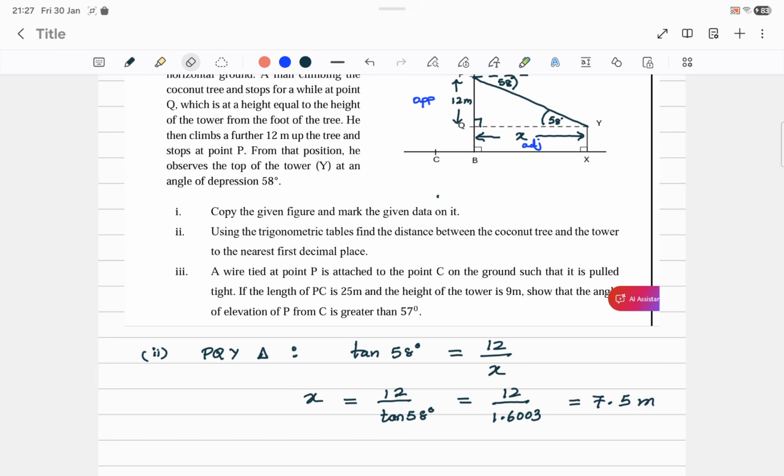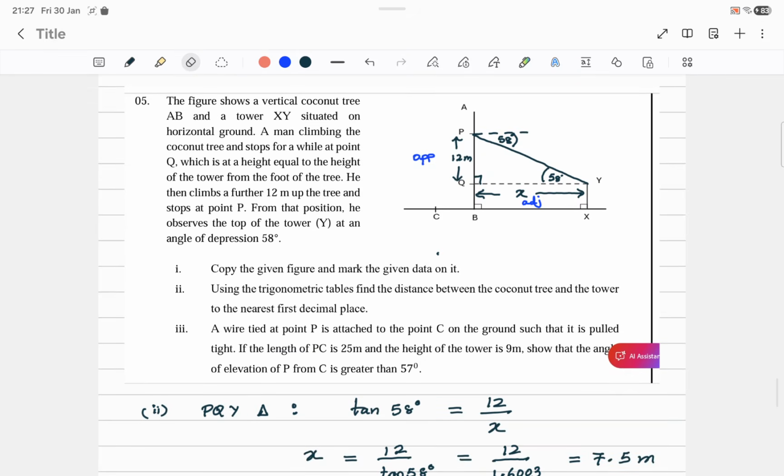Okay. Then a wire tied at the point P is attached to the point C on the ground such that it is pulled tight, if the length of PC is 25 meters.